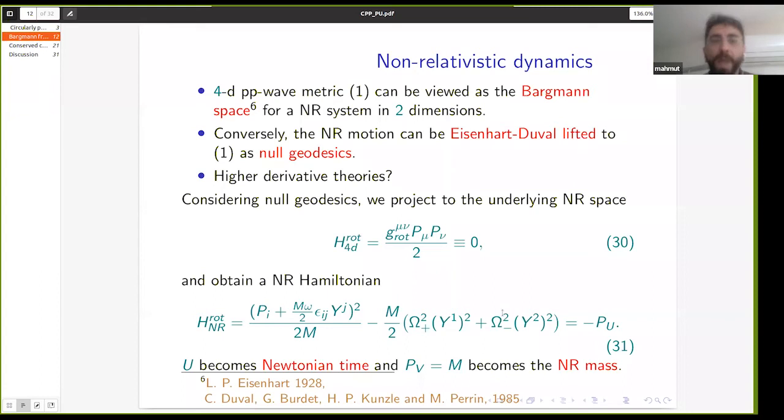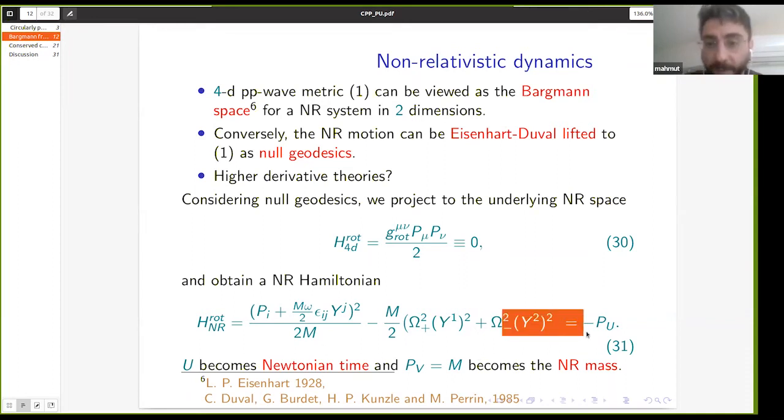How do we do it? Now, let's consider only null geodesics, which means that our test particle is massless. As you can see, this is our test particle, just p squared, p mu, and we constrain it to be massless, which means that it should be equal to 0. Then from this equation here, you can just extract a non-relativistic Hamiltonian.